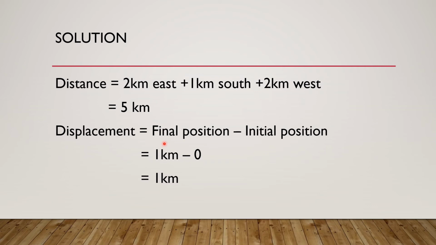So, final position minus initial position, 1 kilometer minus 0 is equals to 1 kilometer. Therefore, the displacement will be 1 kilometer. Kung mapapansin nyo, paano ang arrow doon na nakalagay? Pababa. So, lalagyan natin siya ng 1 kilometer south. Hindi ko nalagyan ng south doon, para lalagyan nyo siya ng 1 kilometer south.